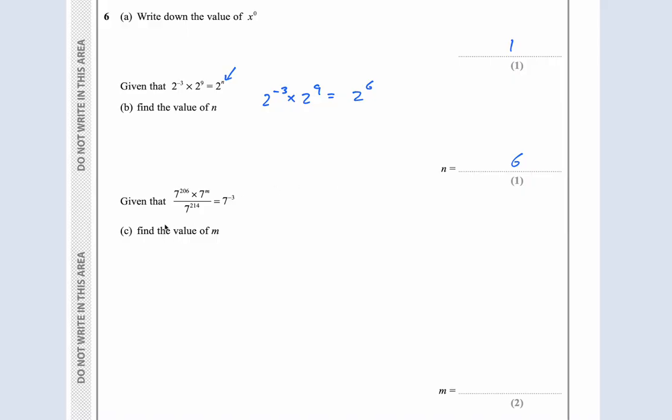Next one. Okay, given this, find the value of m. So again, guys, they've used massive numbers. 7 to the power of 206 is a massive number to prevent you using your calculator. Your calculator cannot deal with this. So this times this divided by this equals this.